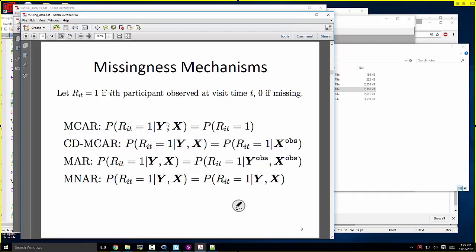We observe them over time, maybe once a month. For each individual and each time point, you tell me the individual i and the time point t. For each individual, we have data at time points t. So suppose that individual i at time point t is missing for some reason.